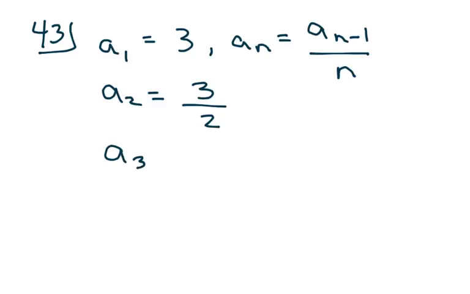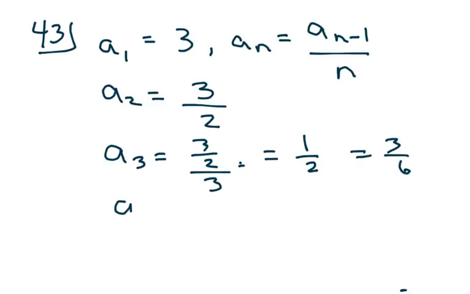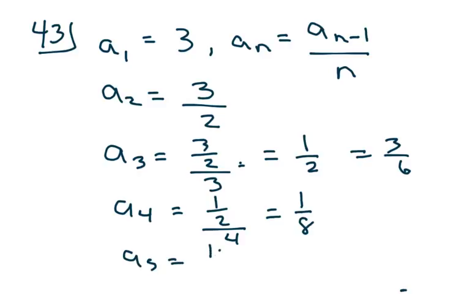A sub 3 equals the previous term, which is 3 halves, divided by 3, which happens to be 1 half, because this equals 3 over 6. I can't squeeze it in, but anyway, I'll put it over here. That's 3 over 6. A sub 4 equals 1 half over 4, which equals 1/8. And a sub 5 equals 1/8 over 5, which equals 1 over 40.